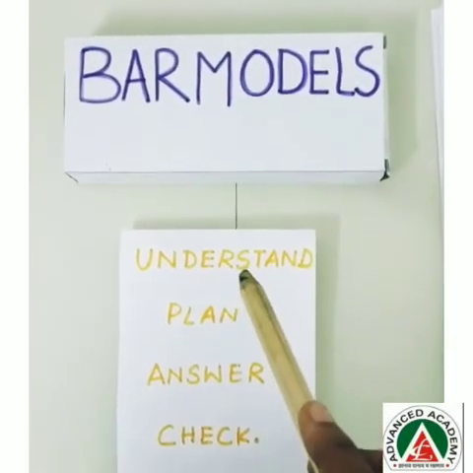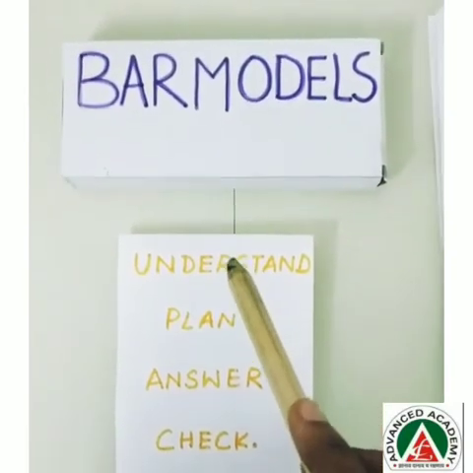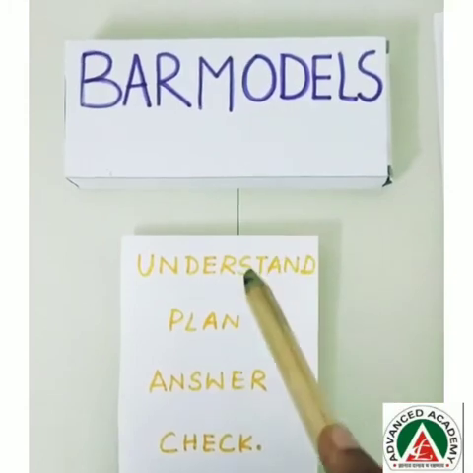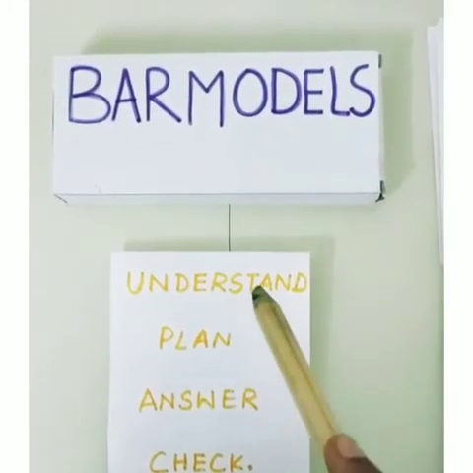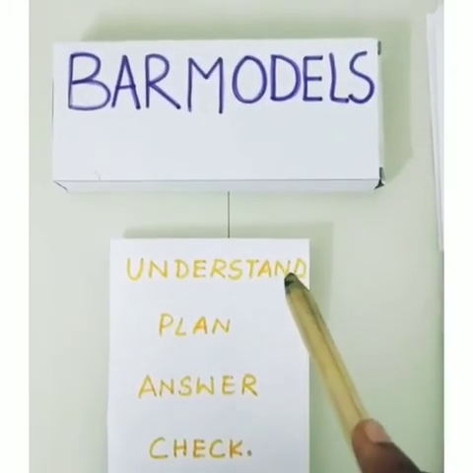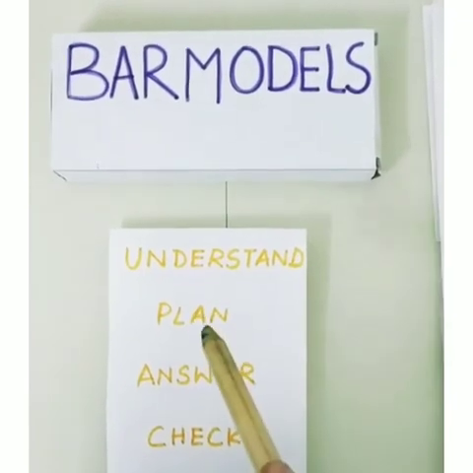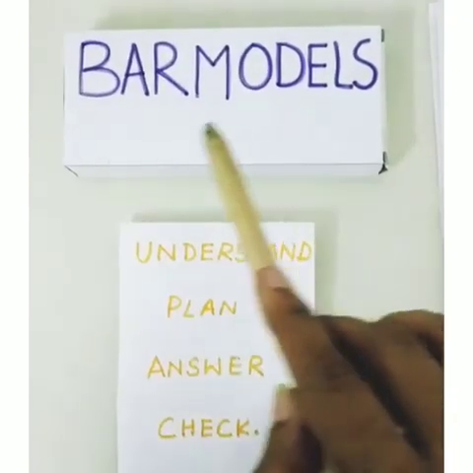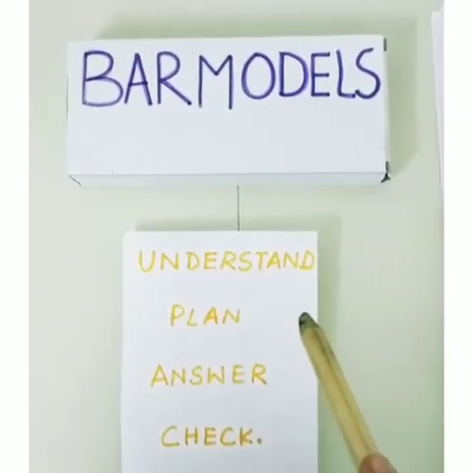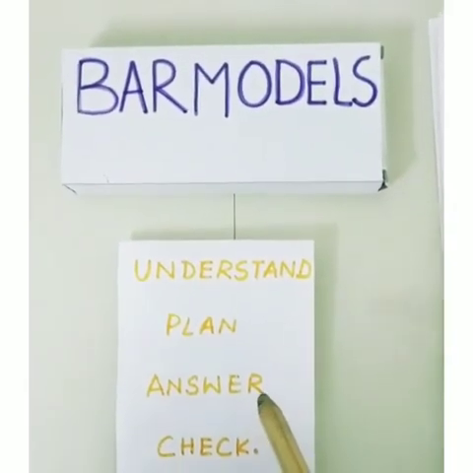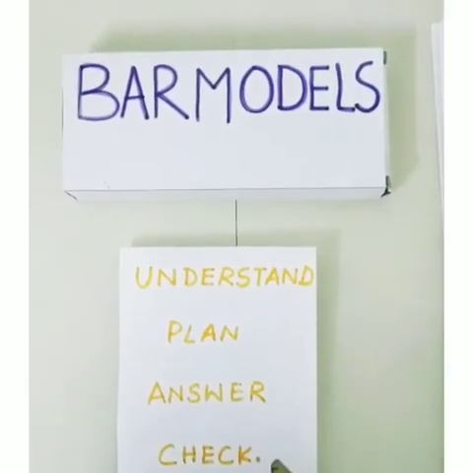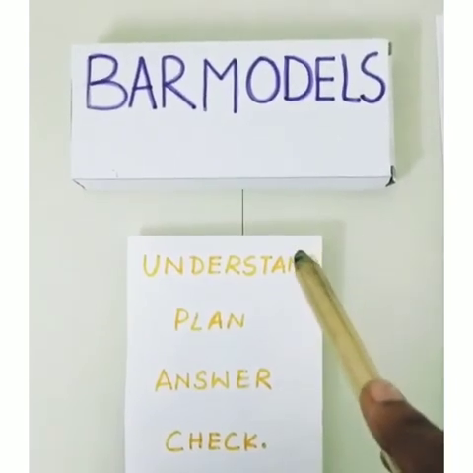By reading the problem. Then we can mark the numbers given in the problem and what the problem is asking us. After that, we can plan by making bar models. And then we can get an answer. And finally, we can check with the problem given.